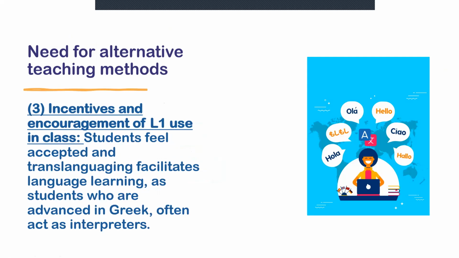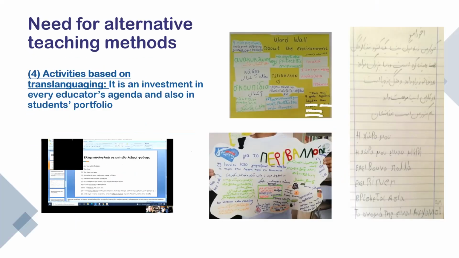Moreover, incentives and encouragement of L1 use in class result in students feeling accepted. Translanguaging facilitates language learning, and students who are advanced in Greek often act as interpreters. Moreover, activities based on translanguaging are an investment in every educator's agenda and also in students' portfolio.